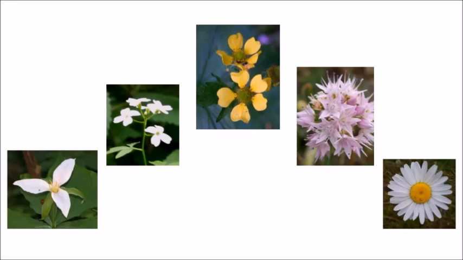Others are fused, like the petals of that onion in the middle right, kind of that lavender white set of flowers. And so that's another characteristic that you want to record. And when you're sketching your flower, it's often a good idea to sketch a front view as well as a side view, because a side view can help you show if those petals are fused.